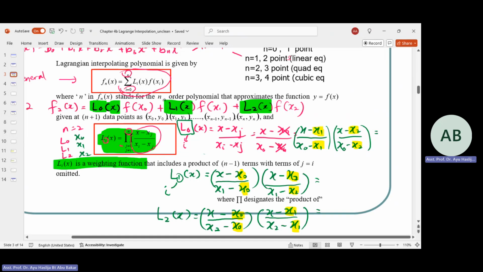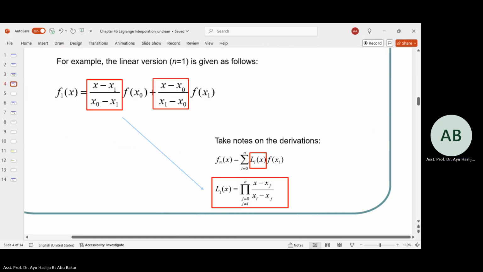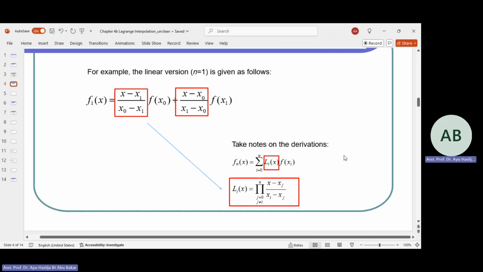Later we do the exercise. Any questions so far? Just now I showed n equals 2. If you have n equals 1, same thing, but it just involves x0 and x1, right?